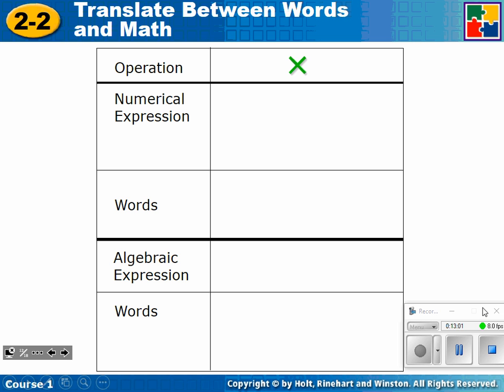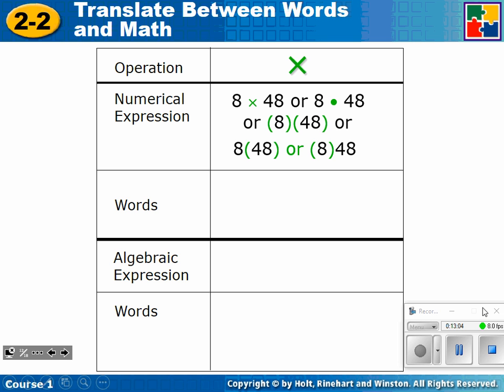So we got multiplication. What are some ways to say this? Logan. What's a way to say that? No, 8 times 48. So we got 8 times 48. Give me another way to say it. Do you remember what the answer to a multiplication problem is?